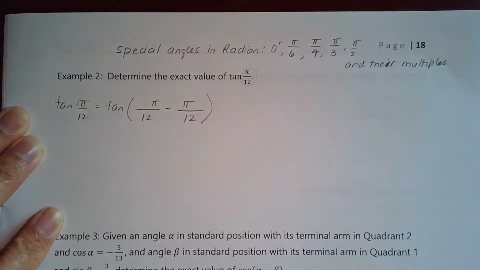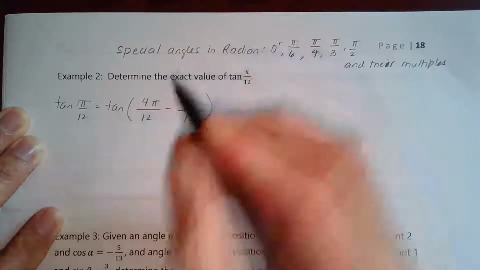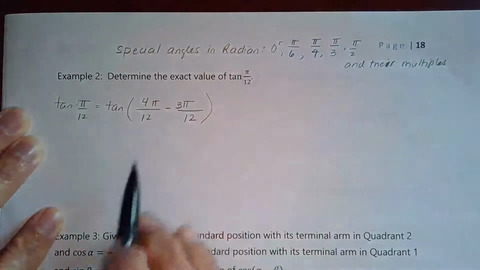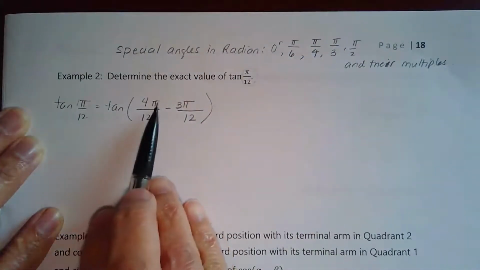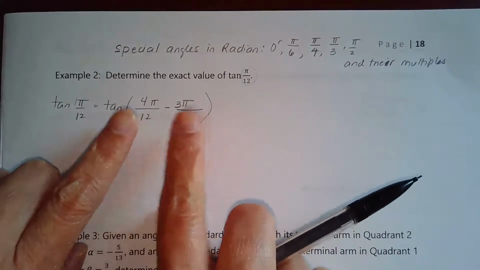So we can say 4 pi by 12 minus 3 pi by 12. Okay, so writing it with the same denominator first.